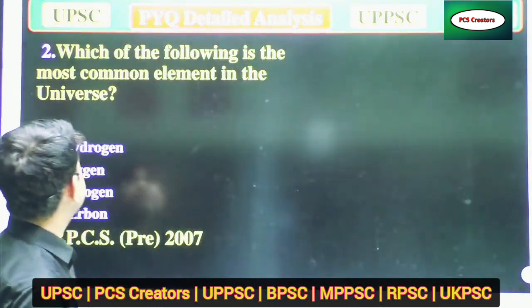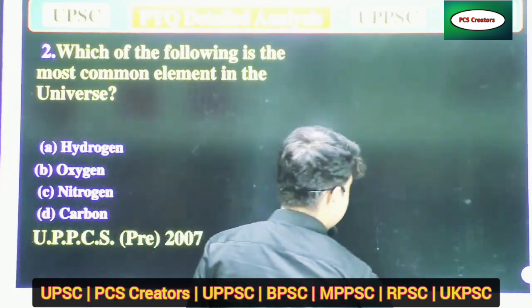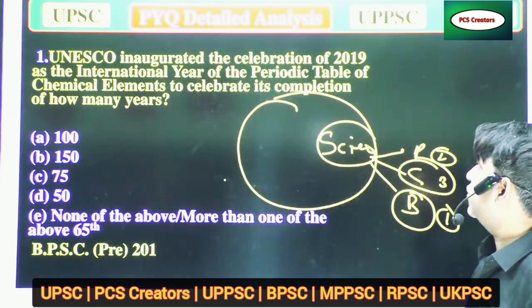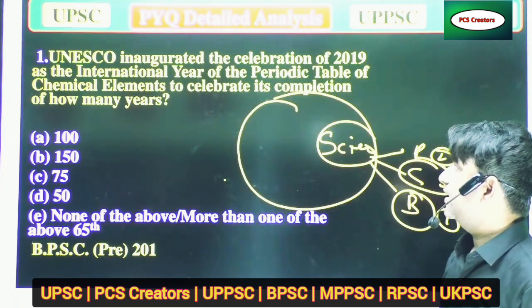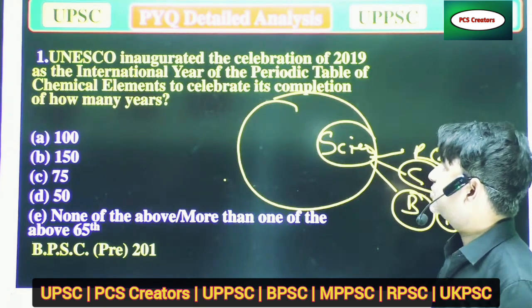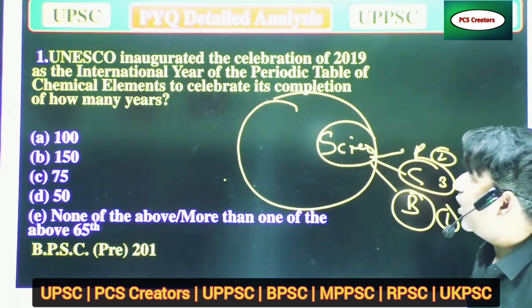Our first question is: UNESCO inaugurated the celebration of 2019 as the International Year of the Periodic Table of the Chemical Elements to celebrate its completion of how many years?